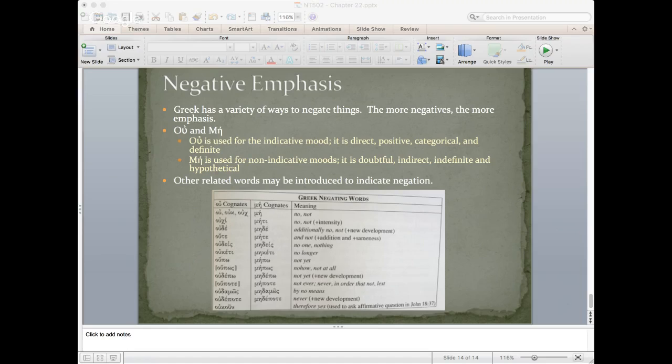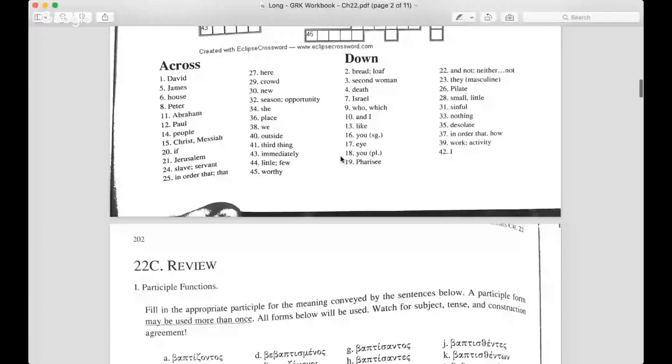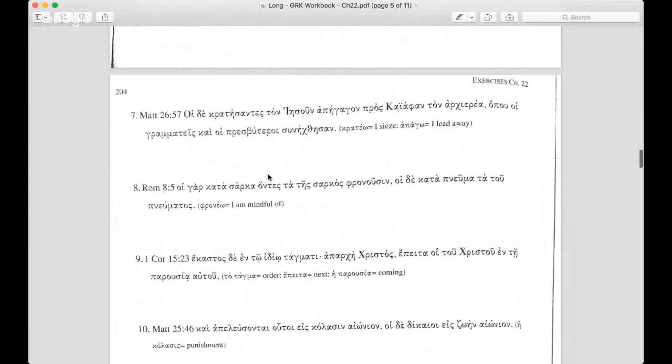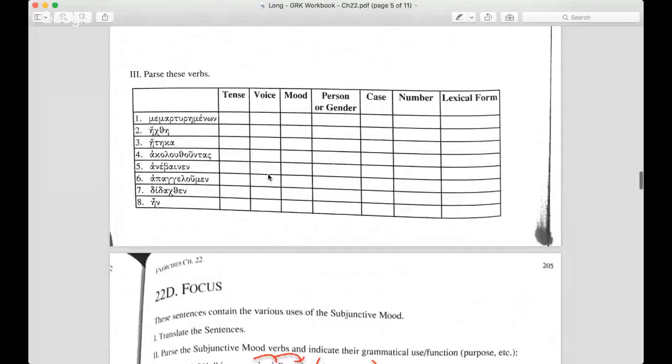And what we're going to do is go through some of the parsing, because that should be one of the least overwhelming aspects of this, just simply because we know all those endings. There should not really be anything too unusual in these verbs.